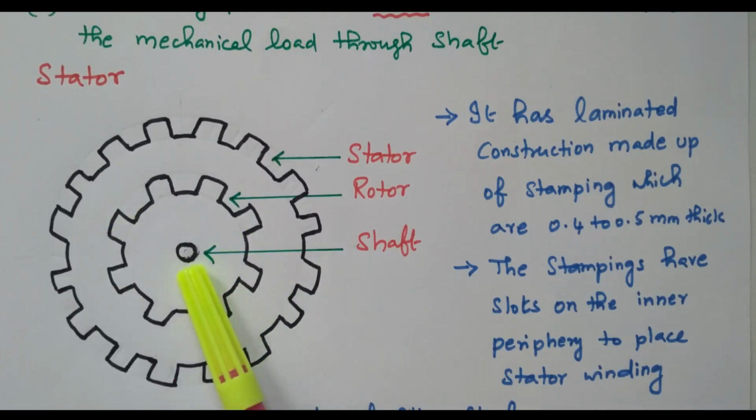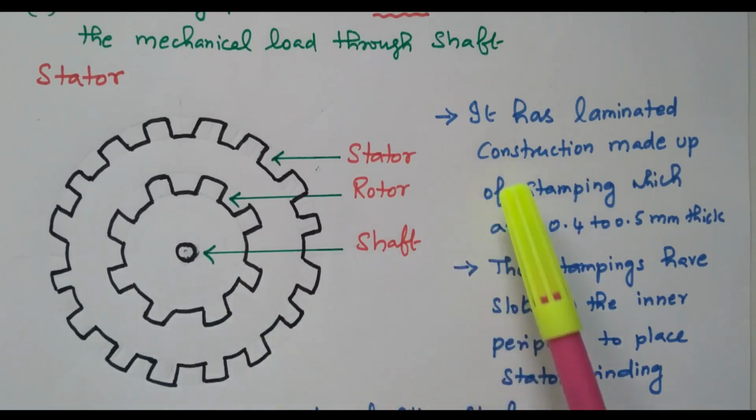This is the shaft. The rotor is placed on the shaft. Here also slots are available, and the copper winding or copper bars are placed in the rotor. So the stationary part stator has the stator winding, and the rotating part rotor also has the copper winding or copper bars. The load is connected through the shaft.